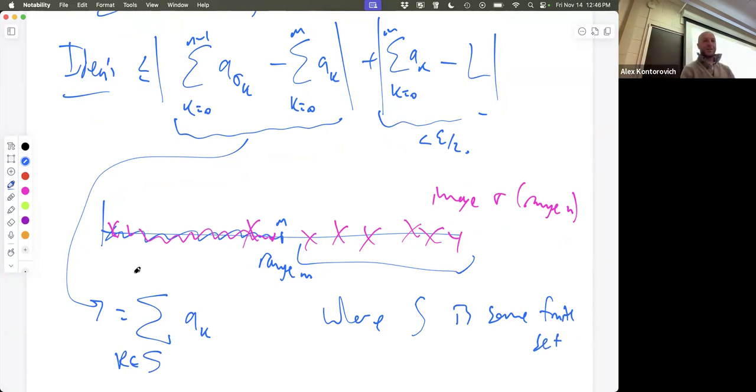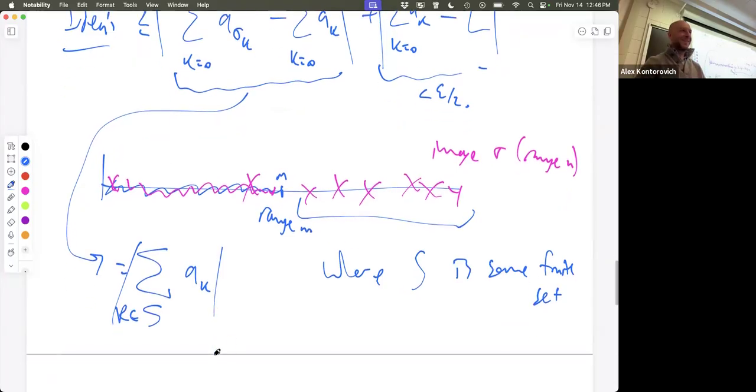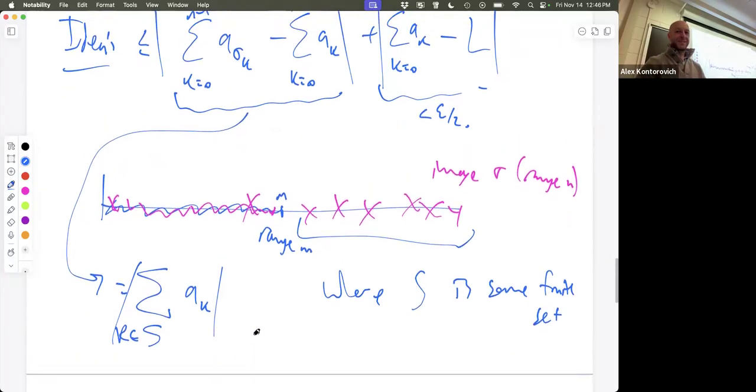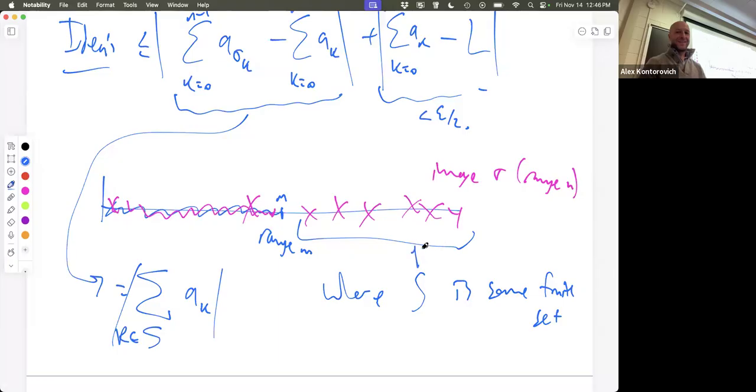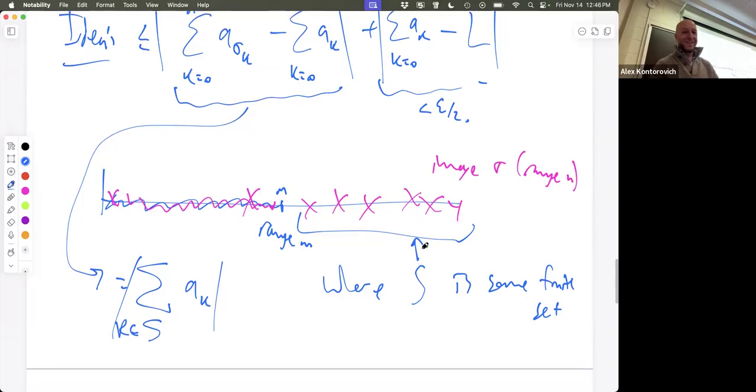And what can we do with the absolute value of this? Yeah, go ahead, John. Triangle inequality. Yes. Beautiful. We can bring the absolute values inside. I agree completely. But now what?